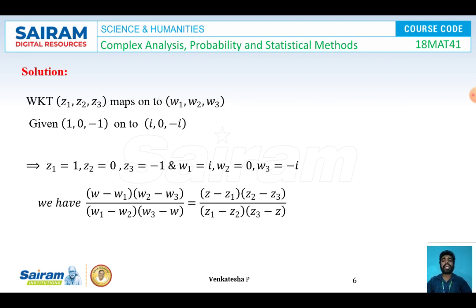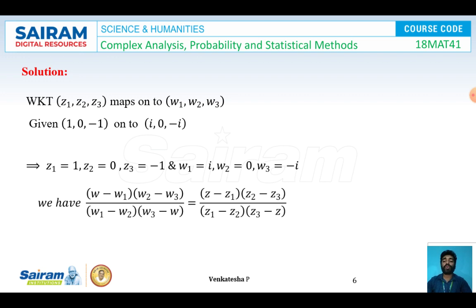Now take all the points, and take the formula also. We have the formula (W - W1)(W2 - W3) divided by (W1 - W2)(W3 - W) is equal to (Z - Z1)(Z2 - Z3) divided by (Z1 - Z2)(Z3 - Z).